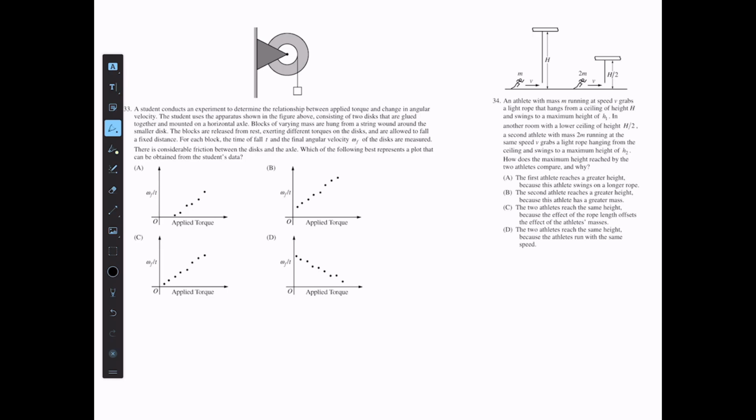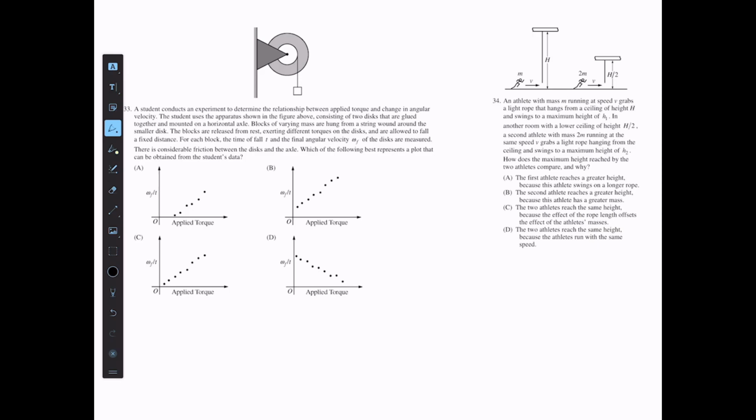A student conducts an experiment to determine the relationship between applied torque and change in angular velocity. The student uses the apparatus shown in the figure above. Blocks of various mass are released from rest, exerting different torques. For each block, the time of fall t and the final angular velocity are measured.